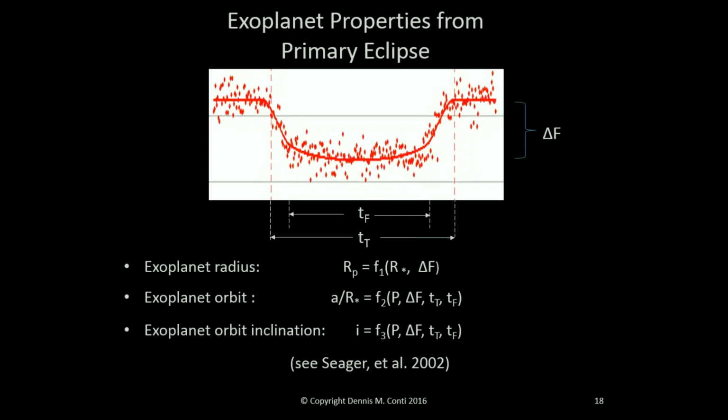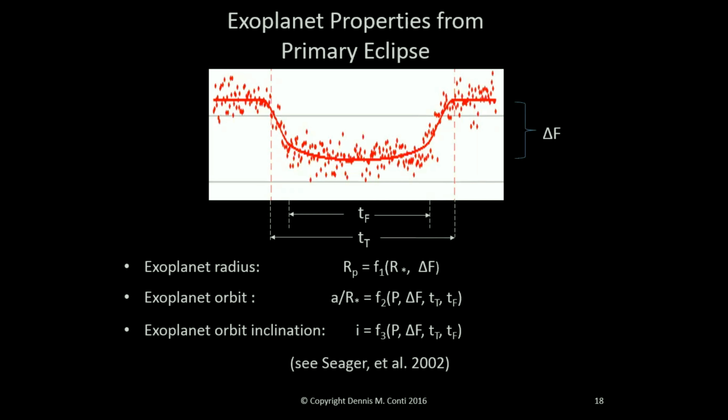As the exoplanet moves in front of the star from our line of sight, the light of the star is blocked, and that's called a primary eclipse. As the planet then orbits toward the back of the star, it is illuminated, but then goes dark as it goes in back of the star, and we call that a secondary eclipse.